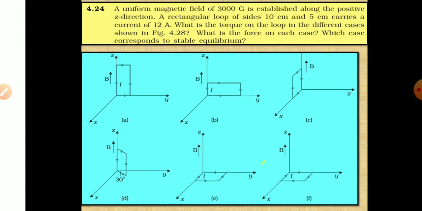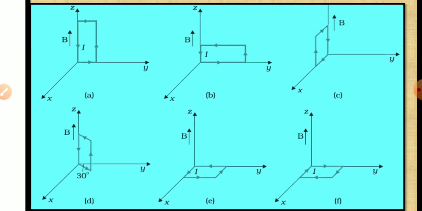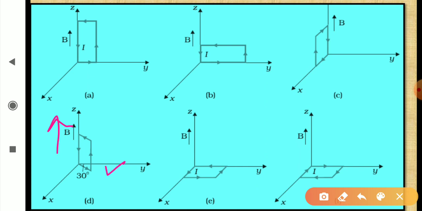See, very interesting problem. Different orientations, same loop. So here the magnetic field is along the z-axis only, and now this coil is turned here. The angle between this coil and the y-axis is here 30 degrees with the plane.